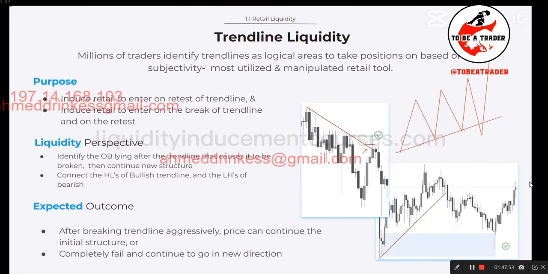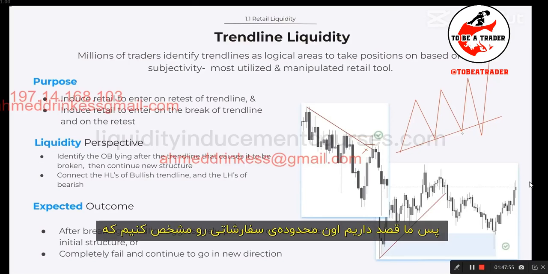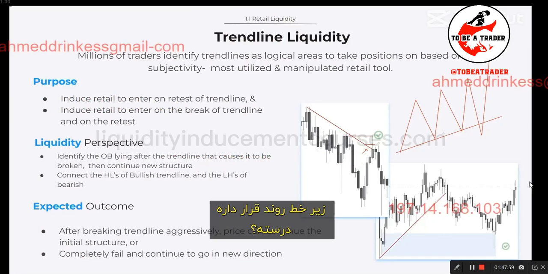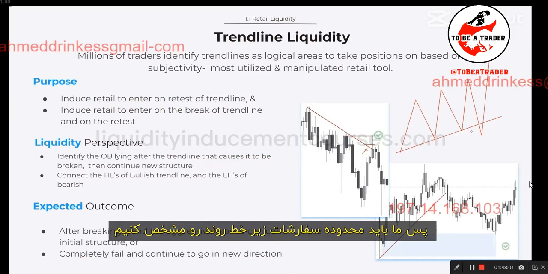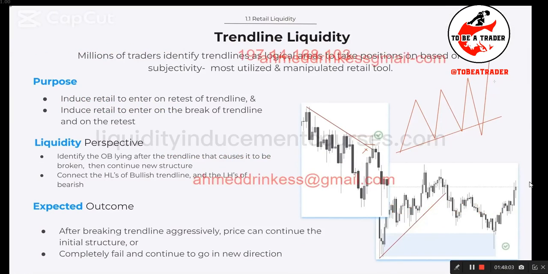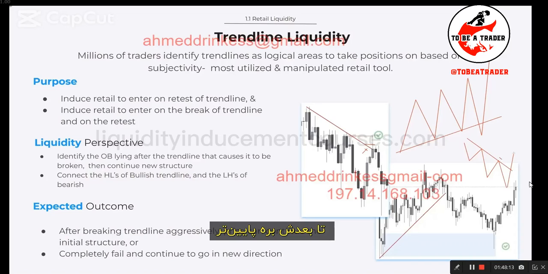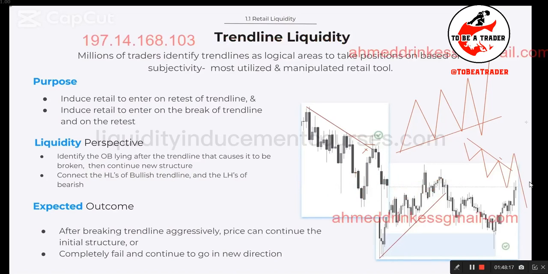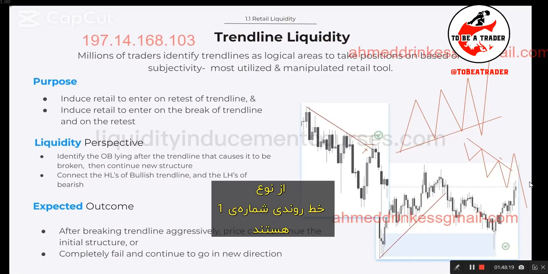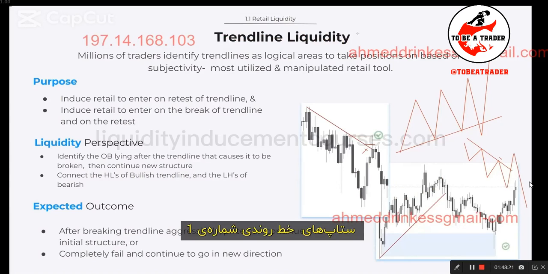So we want to identify the order block that resides below the trend line to go higher. And if we're looking for sells, we want to identify the order block right after the trend line to then go lower. These are the trend line one setups.